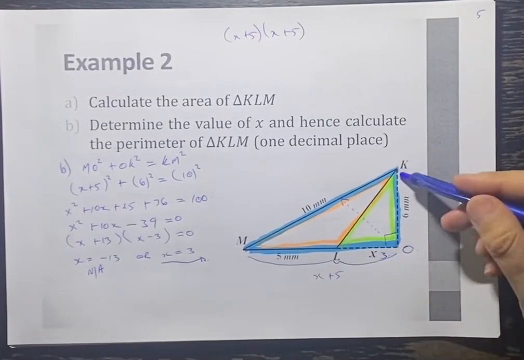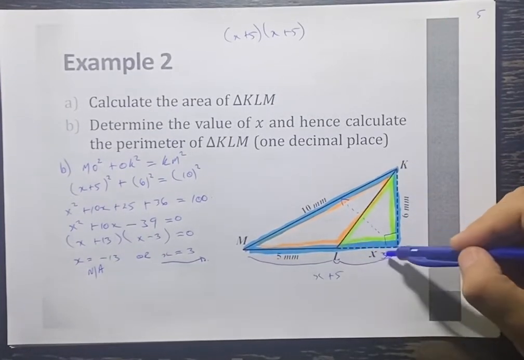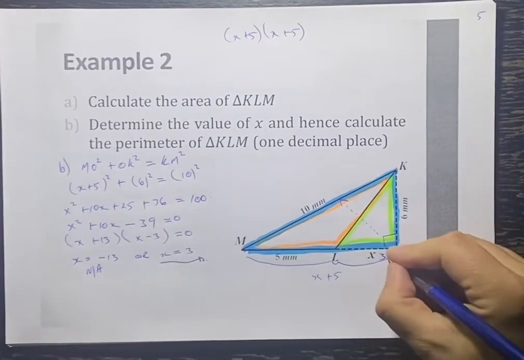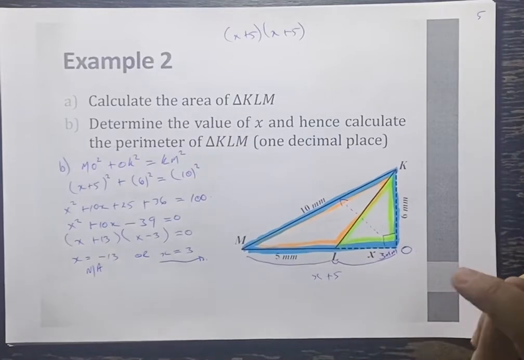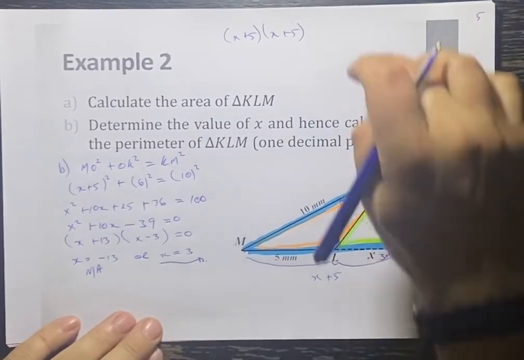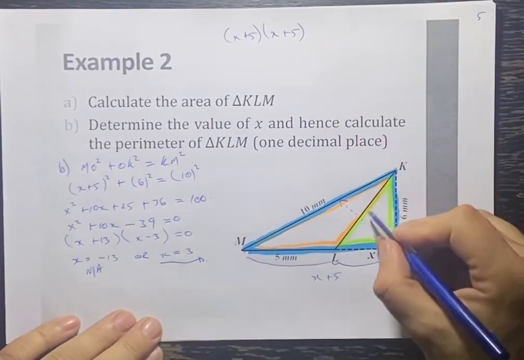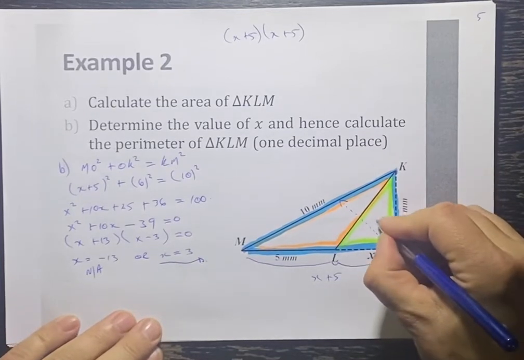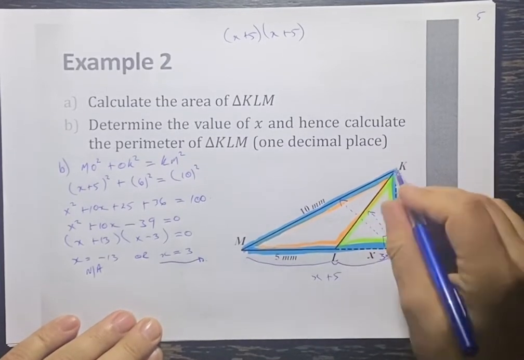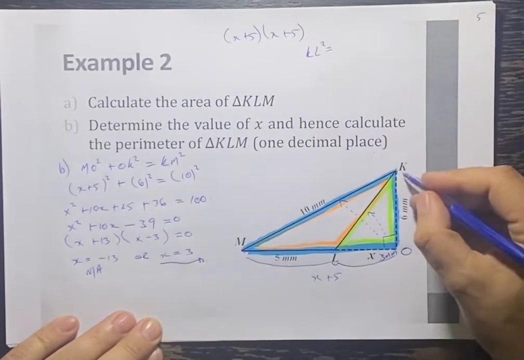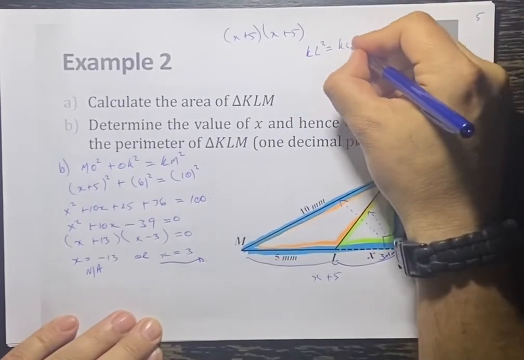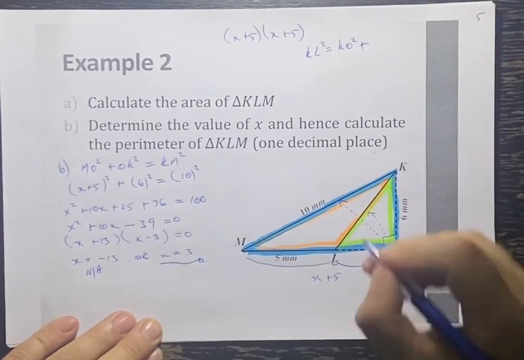Because I have this length is 6. I know this length is 3 millimeters now because we calculated it over here. We can use Pythag to find that. And I'm just going to use Pythag up here to show you. So we're finding, this is the hypotenuse again. It's opposite the 90. So KL squared will be equal to KO squared plus OL squared.